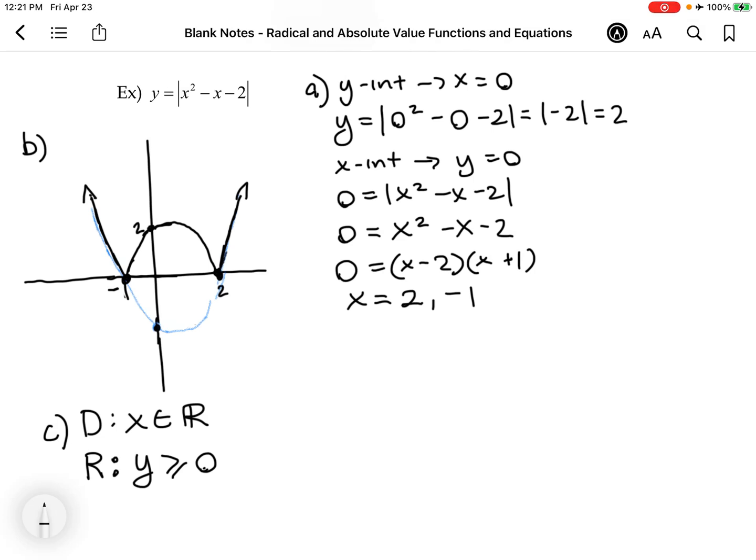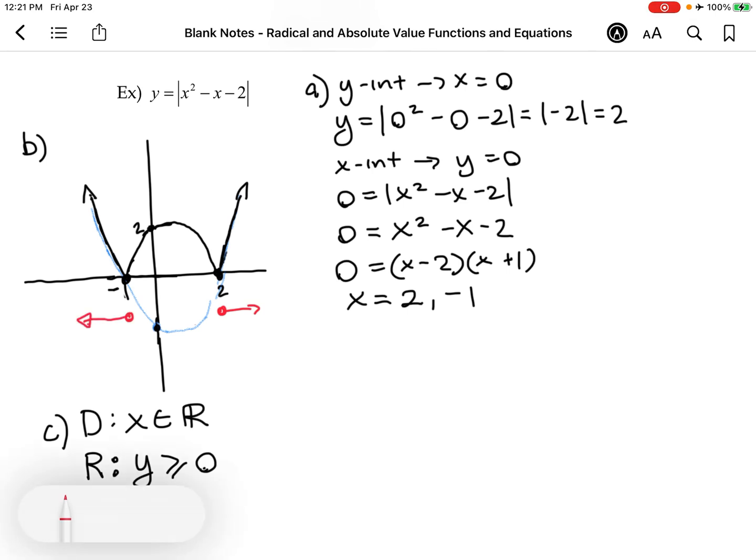Okay, and then finally the piecewise function. So we have to figure out when the original function is greater than or equal to 0. And that's in two regions. The original function is greater than or equal to 0, essentially here and here.